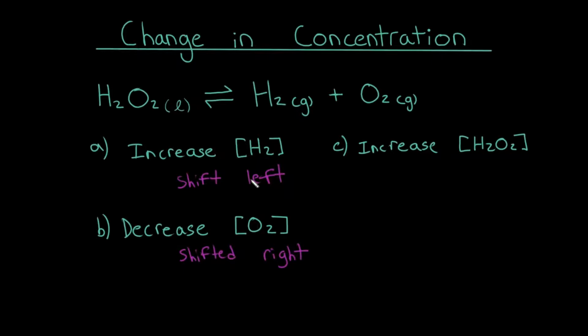So first, let's start by drawing the arrows. So first, we initially increase the concentration of H2O2. So then the system decreases the amount of H2O2 being produced, and it increases the amount of product being produced.